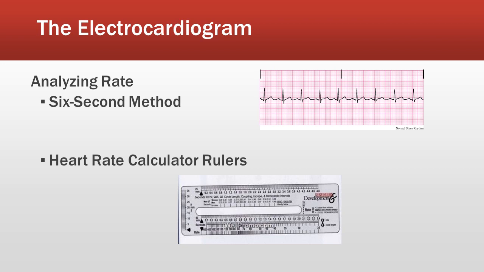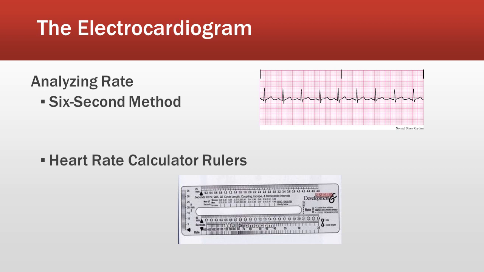You need to see 3 of those tick marks to get a 6-second strip. 6 times 10 equals 60, and there's 60 seconds in a minute. So if you count QRS complexes, this strip has 9 of those, which would mean the heart rate is 90. So that's the 6-second method.